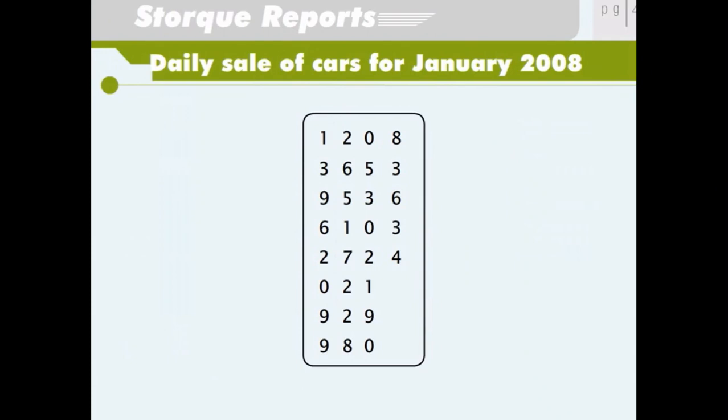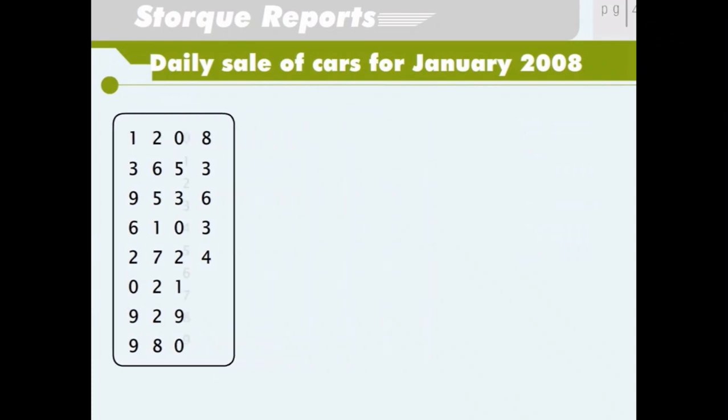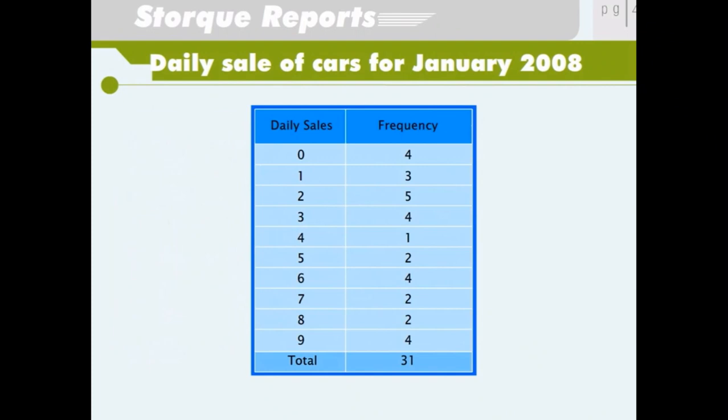Now, let's look at the daily sales figures of the company for the month of January 2008. We will now present this data in an ungrouped frequency distribution table. These are the numbers appearing in the data. This is the ungrouped frequency distribution table giving the daily sales for the month of January 2008.